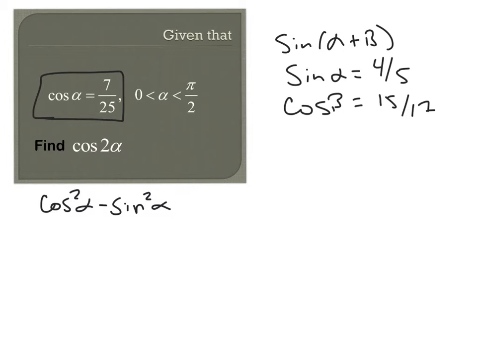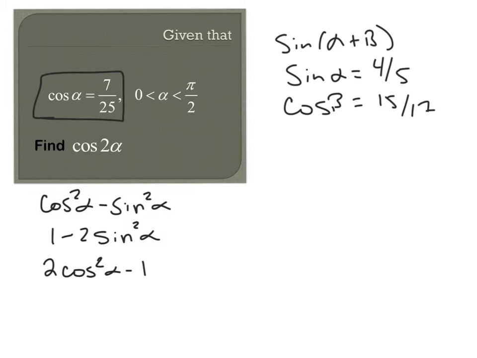And so I have these formulas that I can use. I have cosine squared alpha minus sine squared alpha. I have 1 minus 2 sine squared alpha, 2 cosine squared alpha minus 1. Okay, so these are the 3 formulas that I can use.